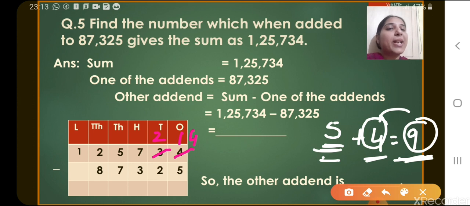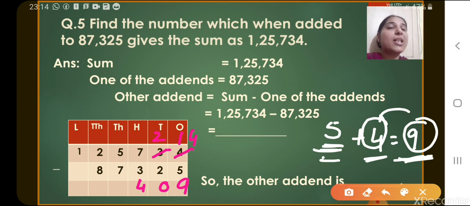So 14 minus 5, we will get 9. Now look at the tens column. 2 minus 2, 0. Now look at the hundreds column. 7 minus 3, 4.